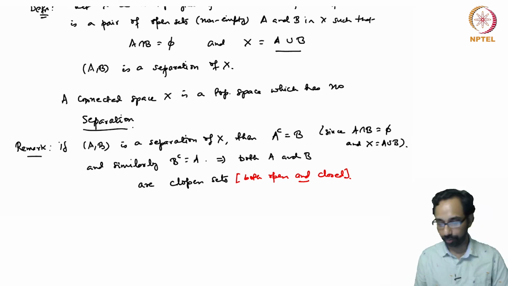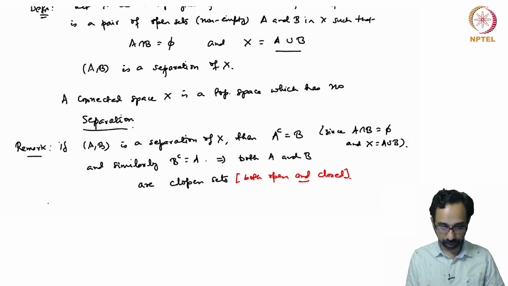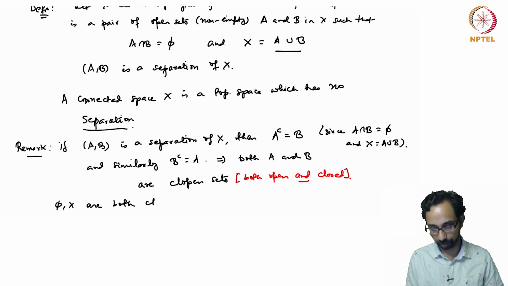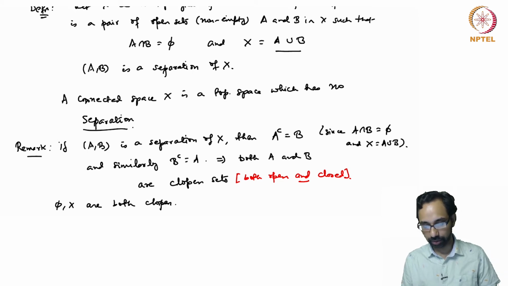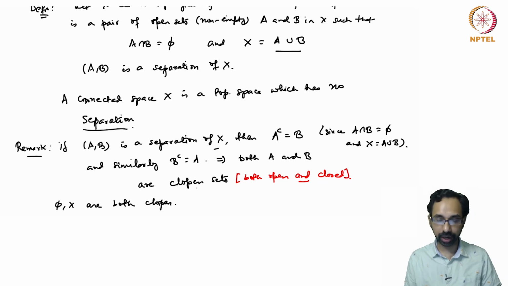Okay, so both A and B are open and both A and B are closed. Now notice that the empty set and X are both clopen. So when you have a separation of X, then you are getting clopen sets other than the empty set and X.